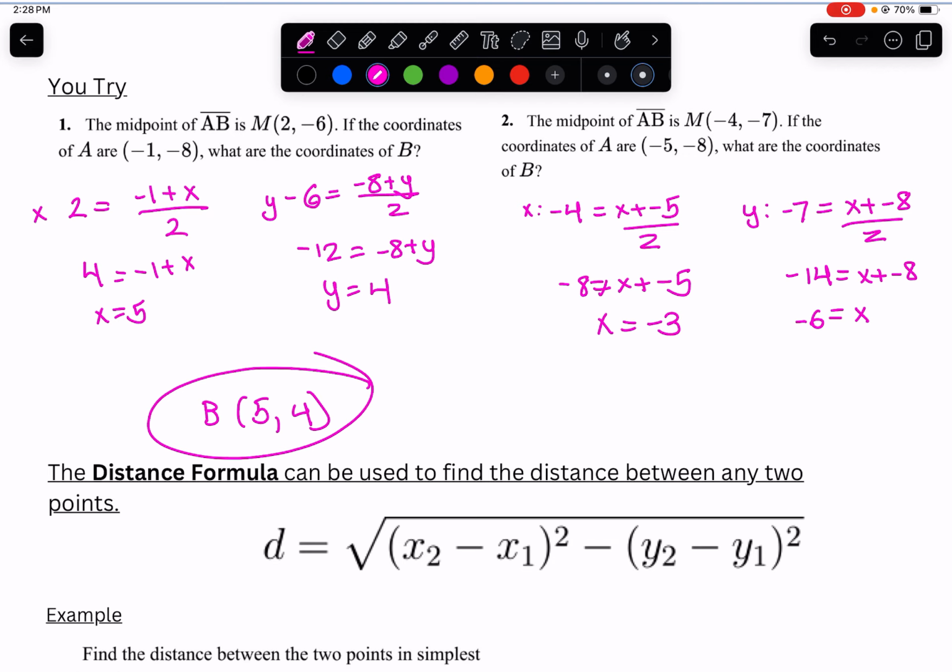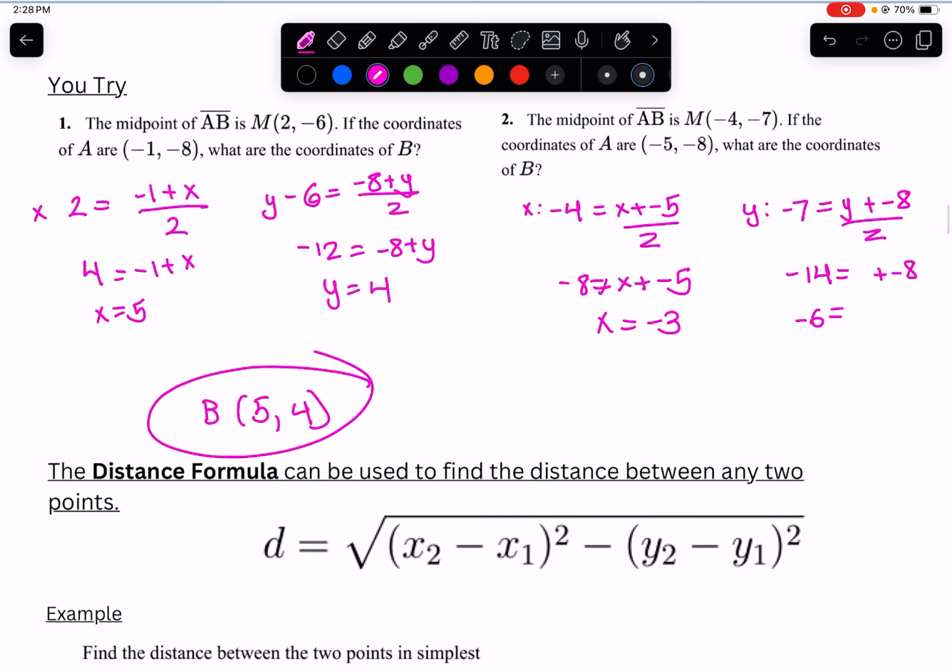I'm sorry, I made a mistake. That should not be x. That should be our y. So b here is -3, -6.